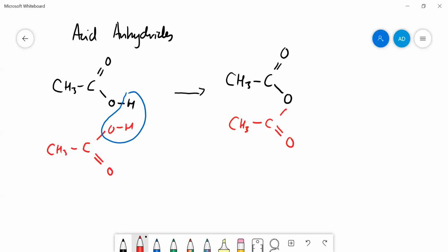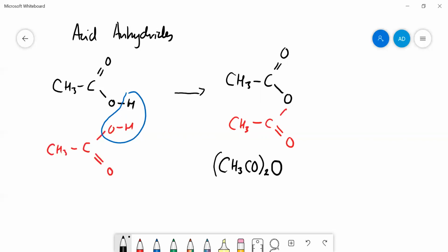Quite often they can be written like this, which is a bit confusing. It can be written as CH3CO, and so on, particularly when you put it in an equation. In exam papers, they quite often write it like that. You don't need to draw a diagram for it. That can be quite off-putting. People don't realise it's an acid anhydride.